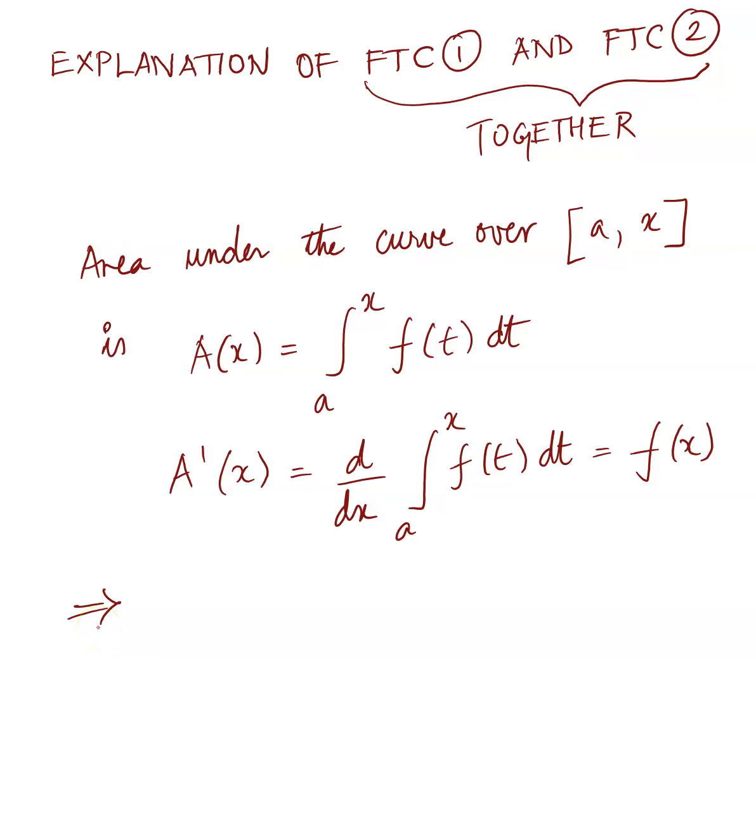So what you saw as capital F, which is a notation, now we are trying to see as area, which is more practical. So this implies that FTC1 says derivative and integral undo each other. We saw this already.